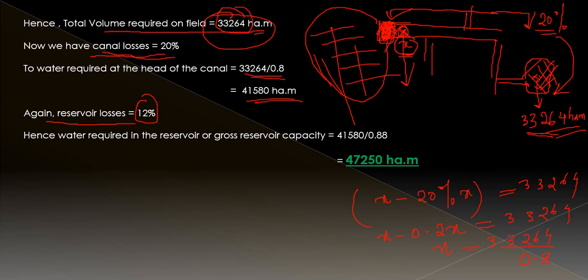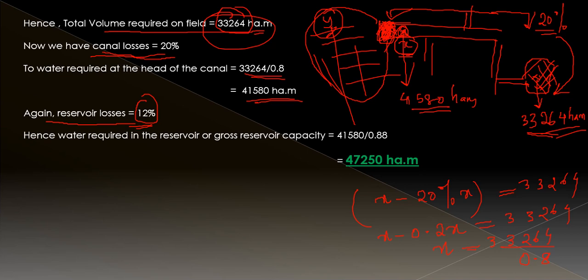So we need 41580 hectare meters here. We have to provide a volume of water Y in the reservoir. That means after losses from Y, that is after 12% losses from Y, you need this value.